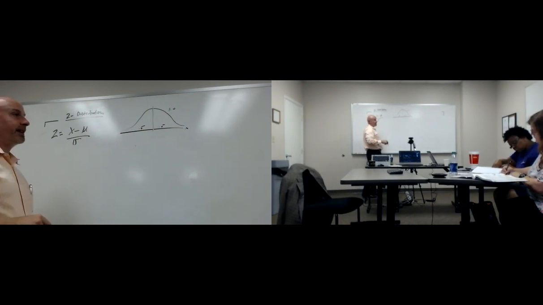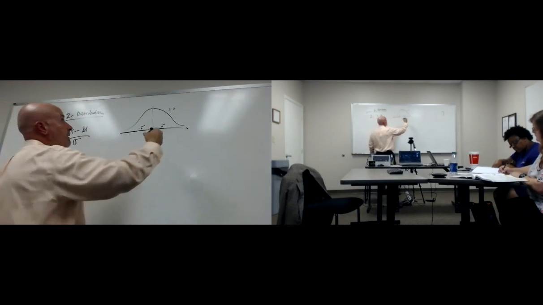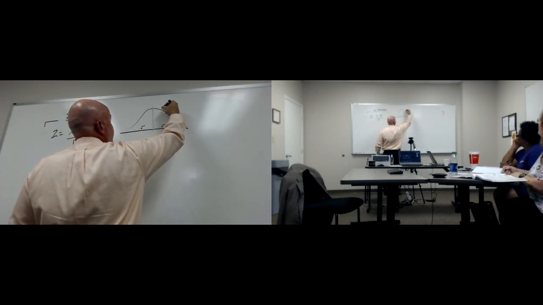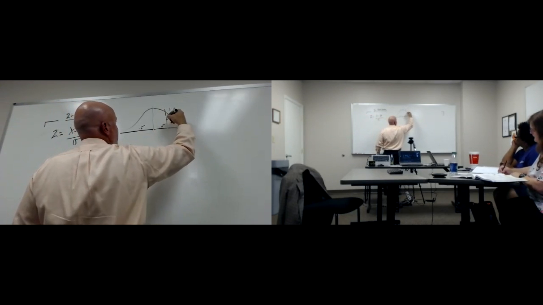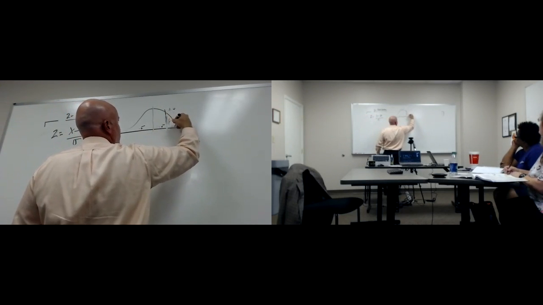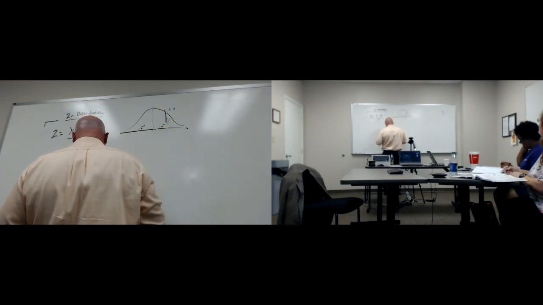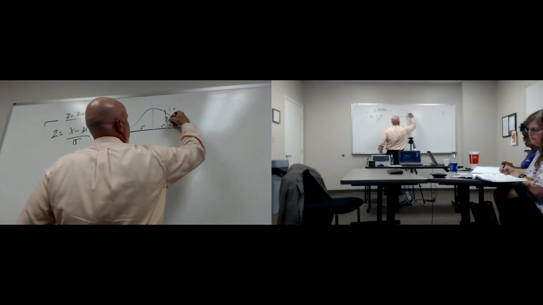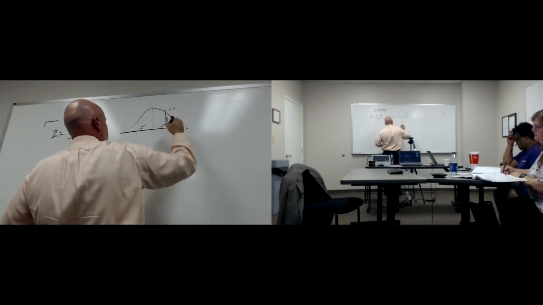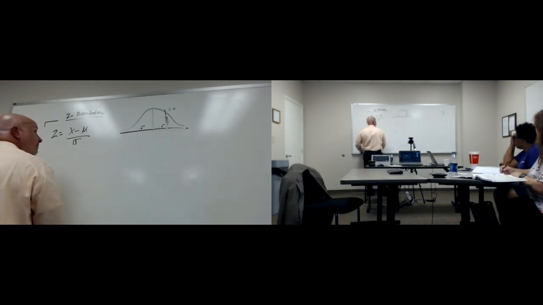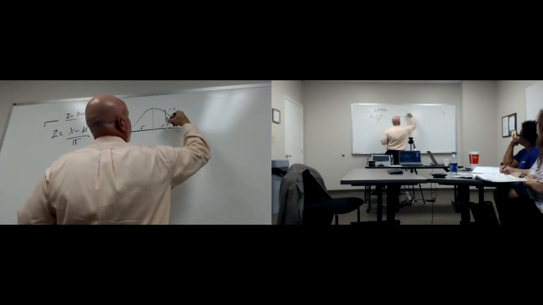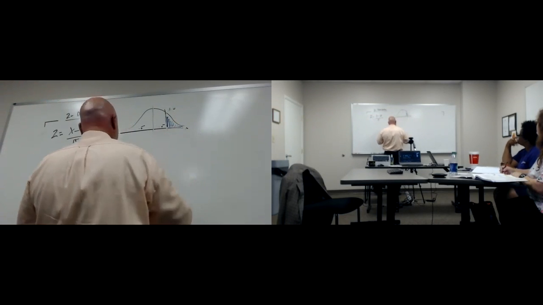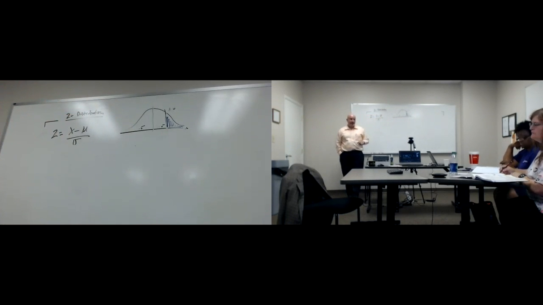So when we calculate our Z score, we're going to be looking at: what's the probability of falling over here? Black does not want to work. All right, so this is going to illustrate what we're doing. Okay.